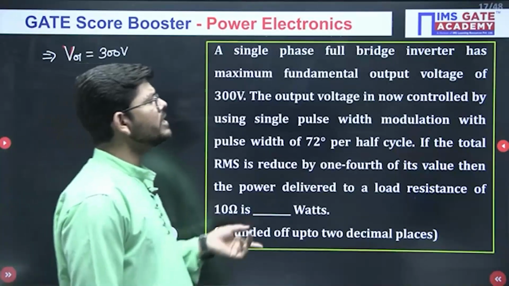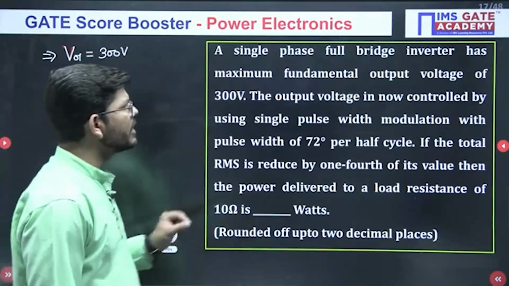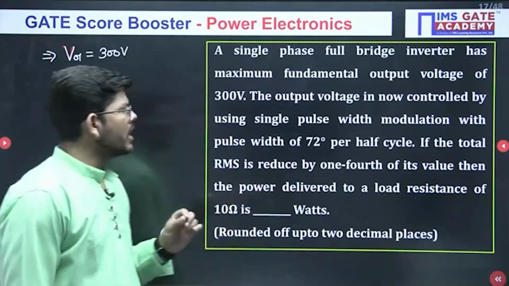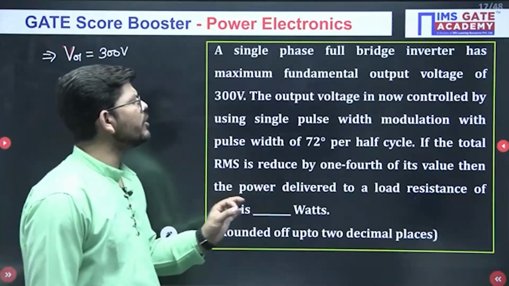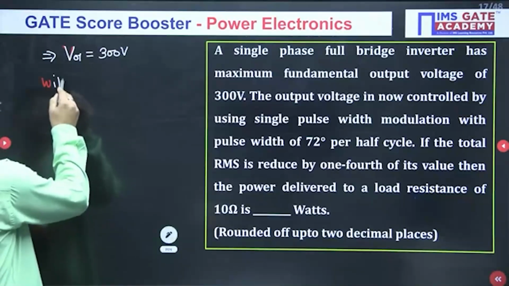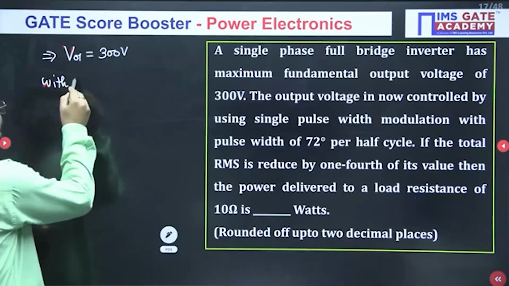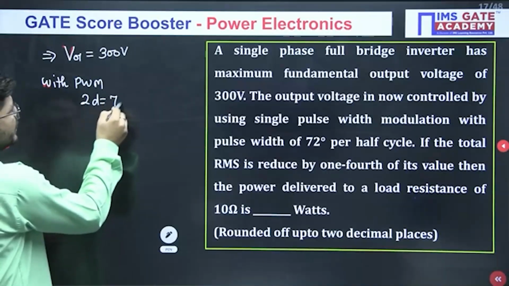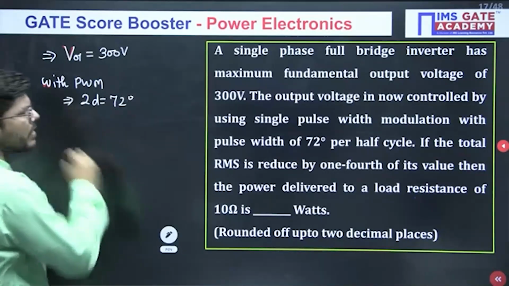The output voltage is now controlled by using single pulse width modulation. Earlier they were using it directly. And a pulse width of 72 degree per half cycle is being chosen. So with PWM, we are choosing the pulse width of 72 degree.